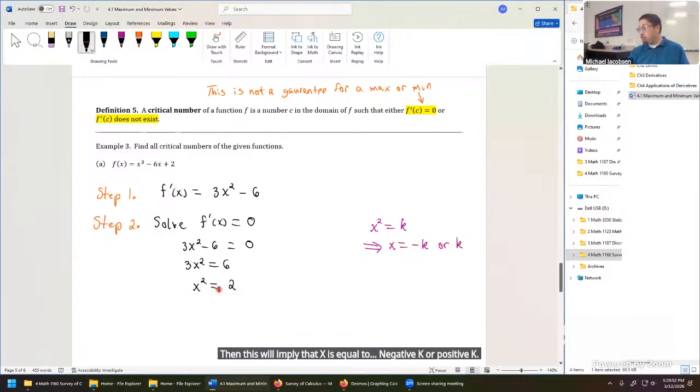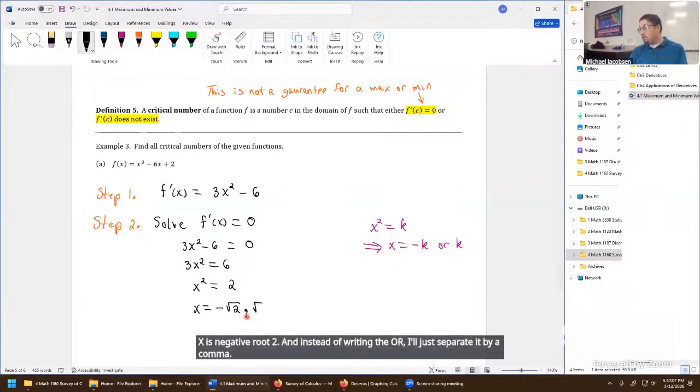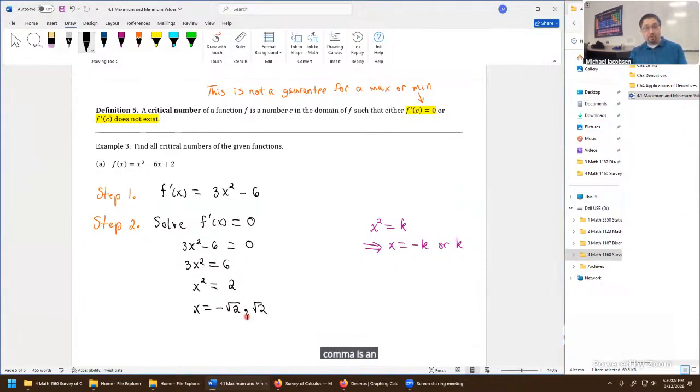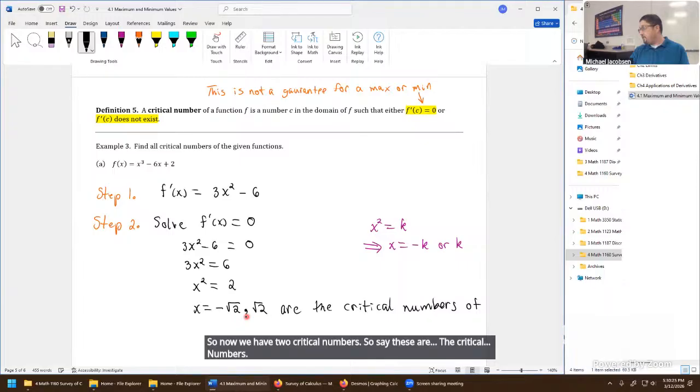So in this equation, when we take the square root, we get x is positive root 2, or, let me follow the order of what we did on the right, x is negative root 2, and instead of writing the or, I'll just separate it by a comma. Comma is an official way to say or when we're listing out solutions. So now we have two critical numbers. So say these are the critical numbers of f.